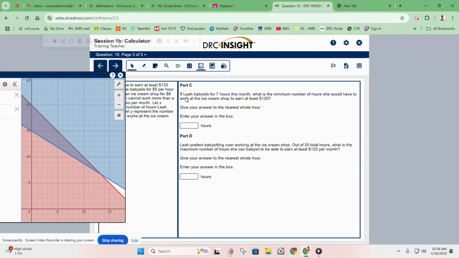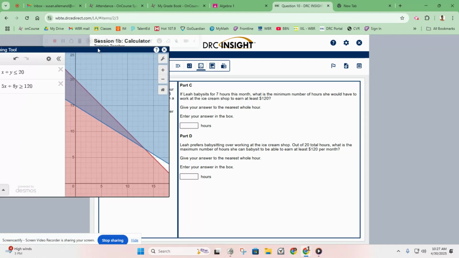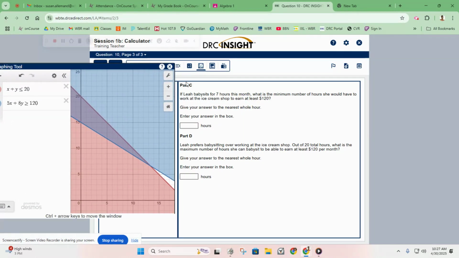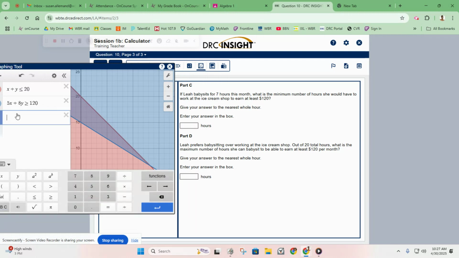All right, part C says, if Leah babysits for 7 hours this month, what is the minimum number of hours she would have to work at the ice cream shop to still earn $120? So first, let's think about which variable is representing her hours of babysitting. That is the x. And if x is 7, I'm going to type in this little graphing tool, x equals 7, to see where that lies in my solution zone.